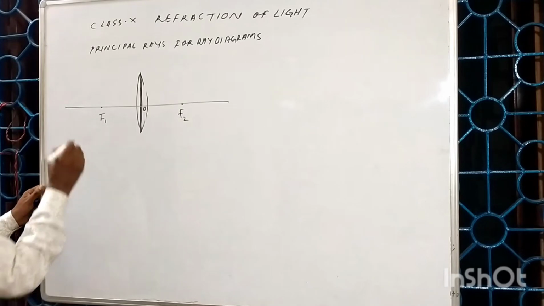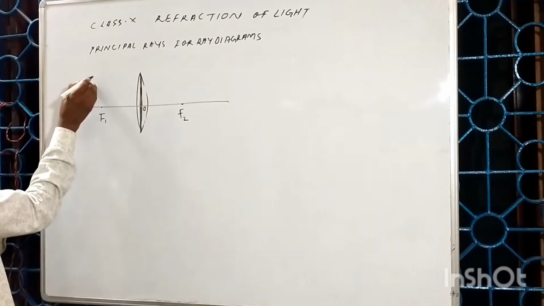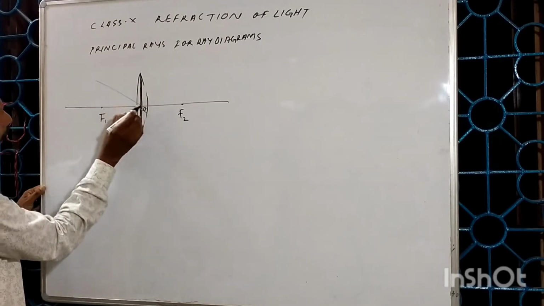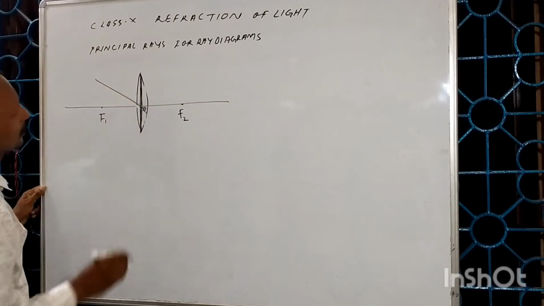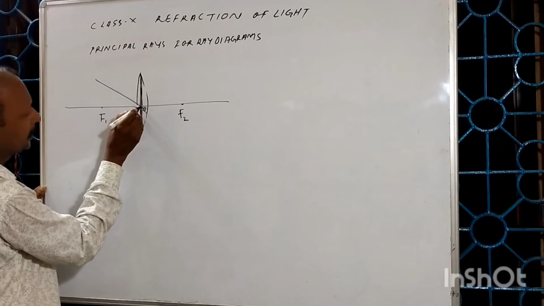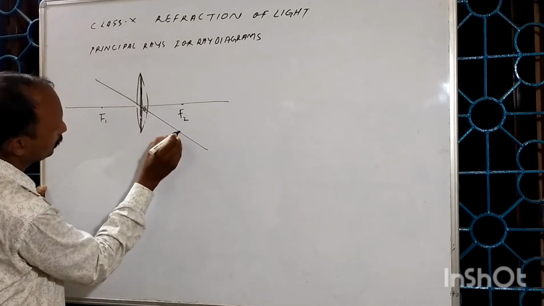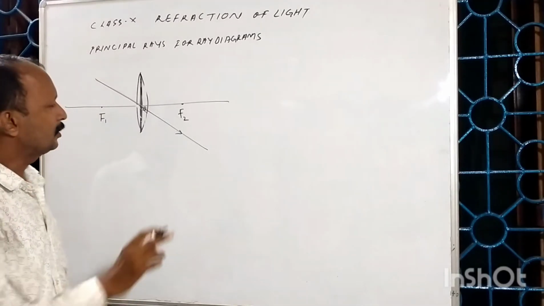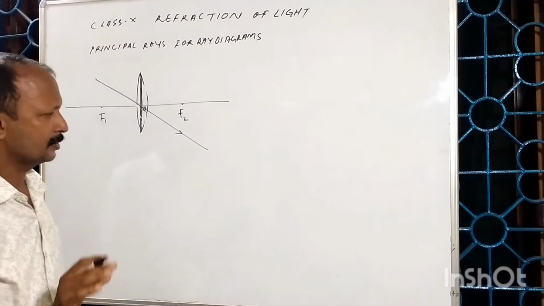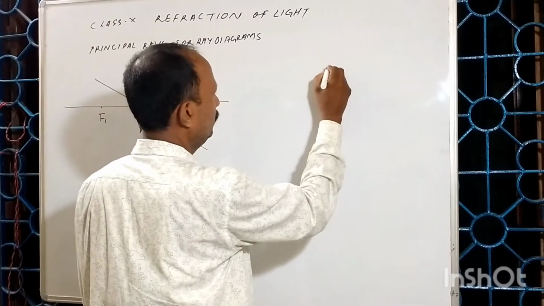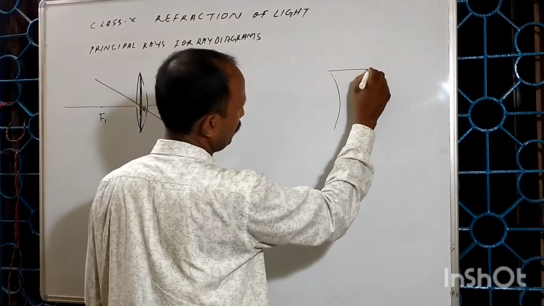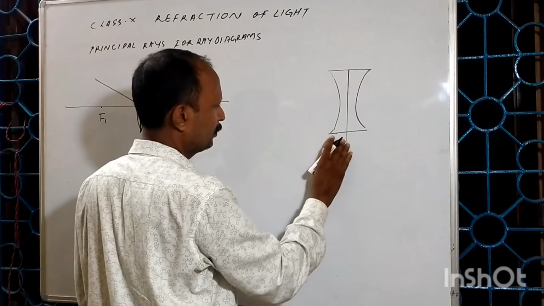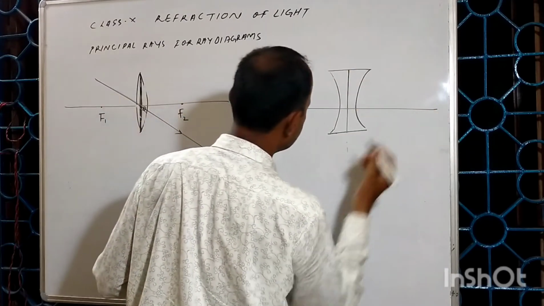So, suppose one light ray is incident at the optic center. After incidence, it refracts without changing the direction. This is the case of a biconvex lens. If it is the case of a biconcave lens, see that this is the plane of the lens and the principal axis.